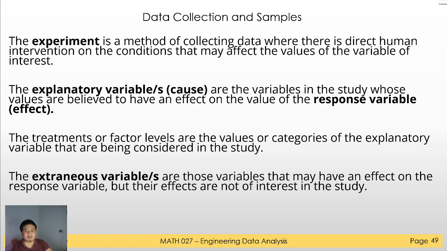Now, there are also different things that could affect the experiment that are not usually the focus of the study, but still affect the experiment, and they are called extraneous variables. Again, we have the cause, we have the effect, and we have this usually unmeasured variable, which is the extraneous variable.